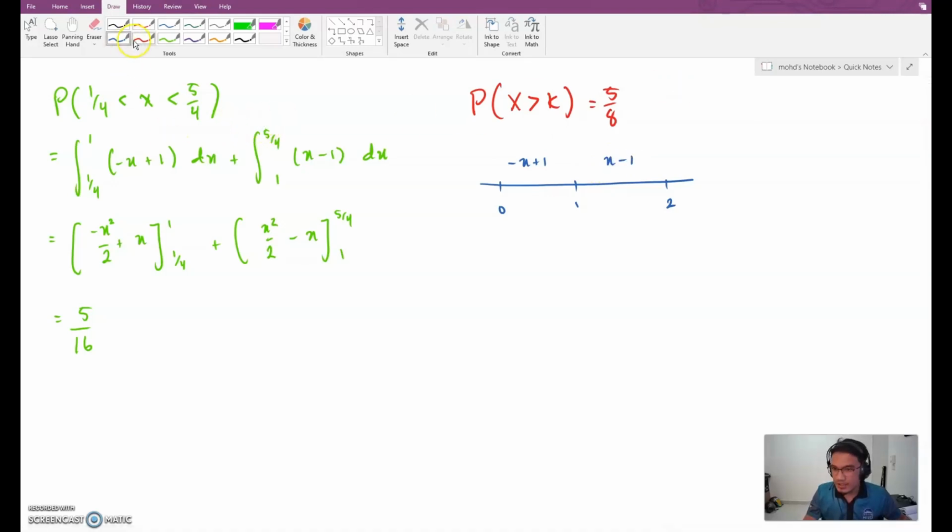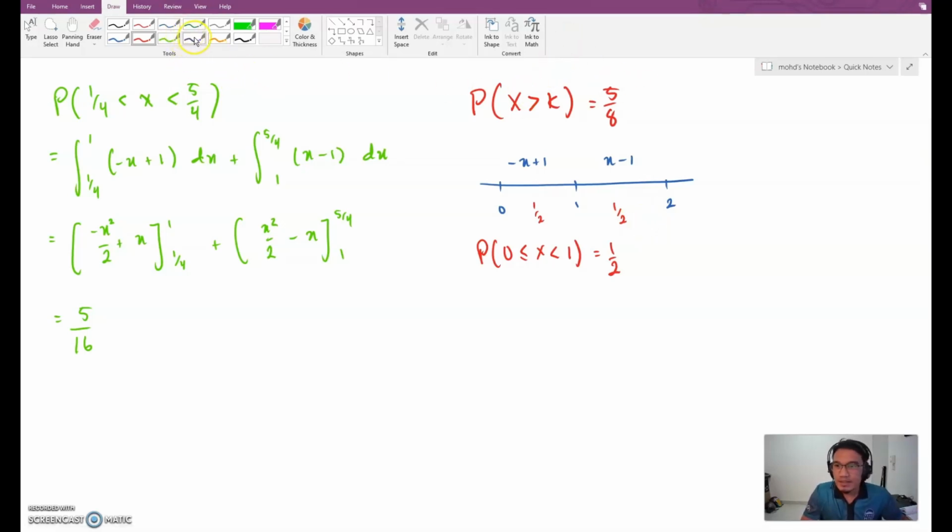From the first question, when I introduced this example, there was a statement that the probability of 0 less than x less than 1 is 1 over 2. Since the total area under the graph is equal to the probability, which is 1, the region between 1 to 2 will also be 1 over 2. So the total is 1.